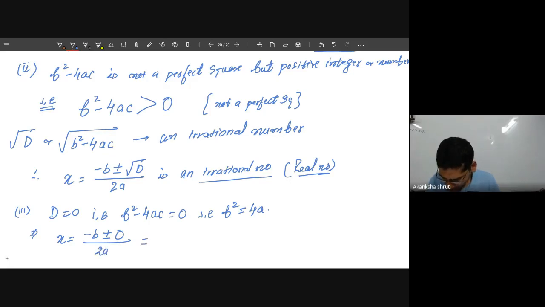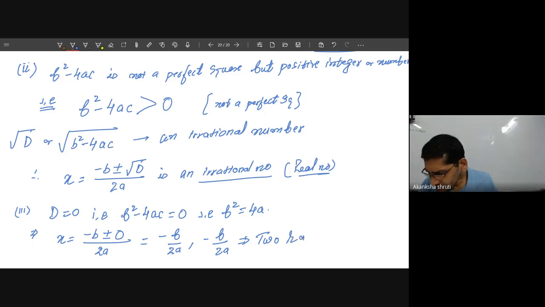Something added to 0 or subtracted from 0, what are you going to get? Even if you take positive, you will get this one, and even if you take negative, you will get this, the same thing. What does it mean? The two roots are equal.